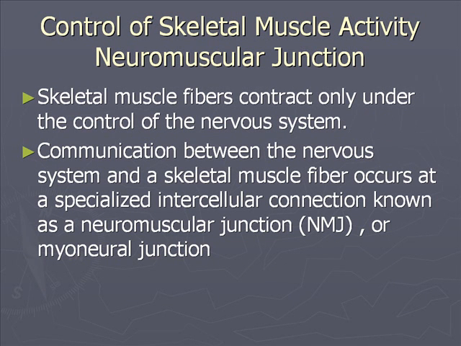Now, the important part of all of this, well, not just the important part, but another important part of this process is the communication between the muscle and the nervous system. Now, we already know there is a significant relationship between the skeletal system and the muscle system.